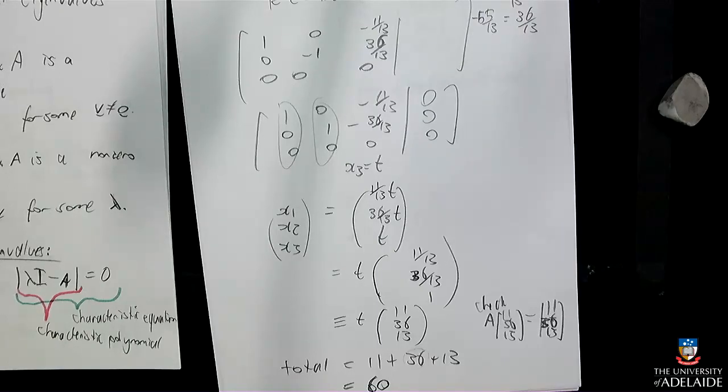Yes? Would 1 be multiplicity 3 in transition matrices because it's the eigenvalue for each vector? Well, the question was, is 1 multiplicity 3 because each of the 3 columns add up to 1? And the answer is no, for 2 reasons.